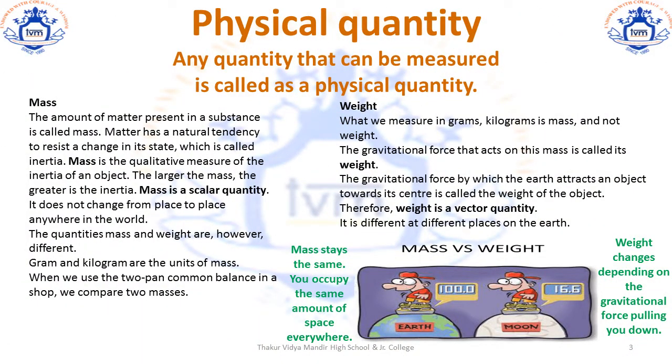What is a physical quantity? Basically, any quantity that can be measured is a physical quantity. Two main physical quantities that we'll study are mass and weight. Mass is basically how much matter you have, and weight is how much gravitational force is required to pull you down and keep you grounded.